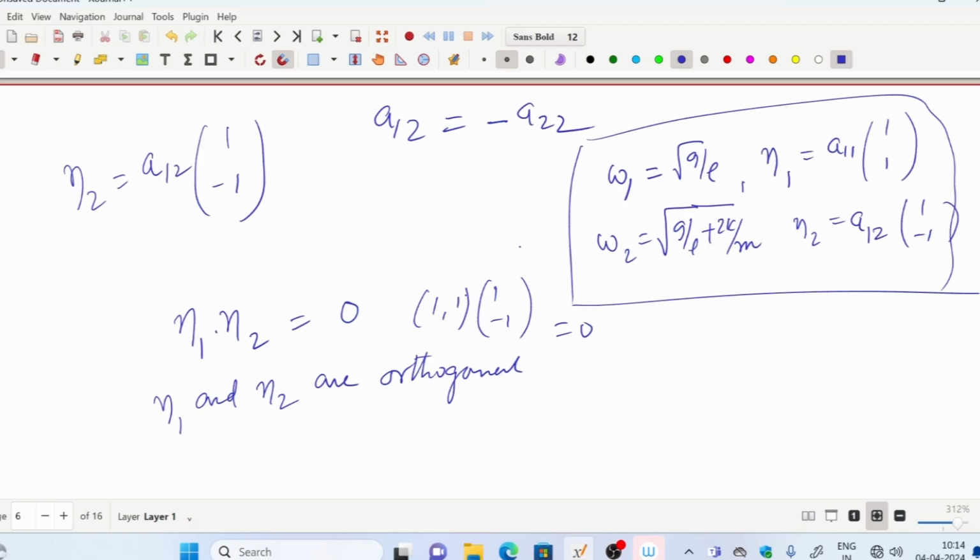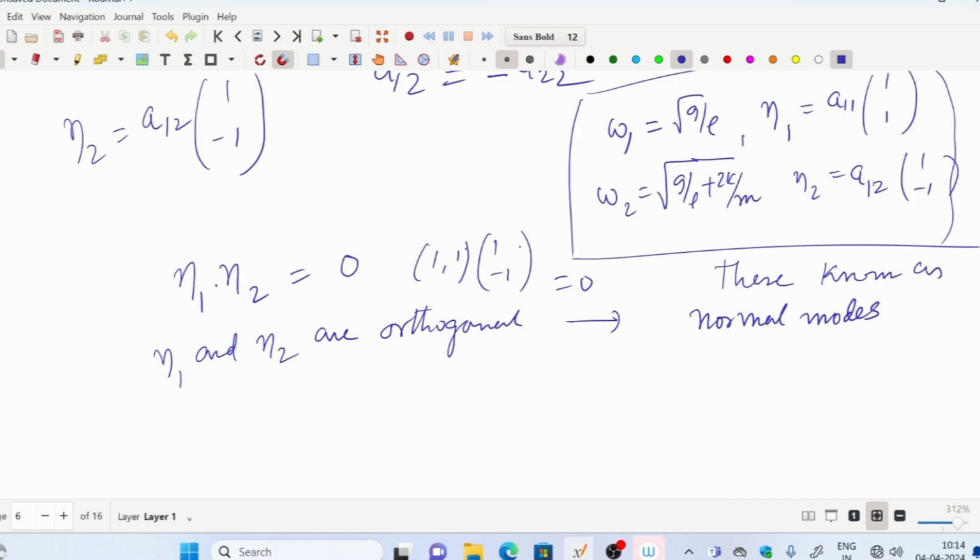Okay. So these are known as normal modes.